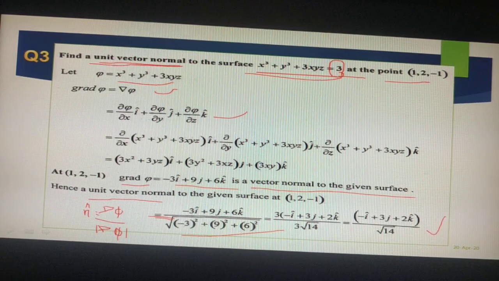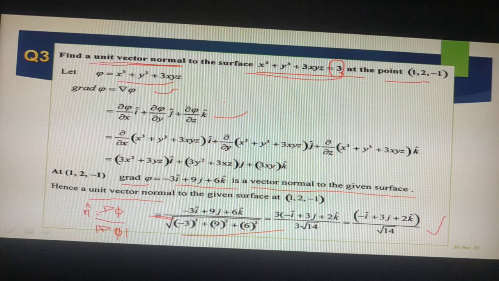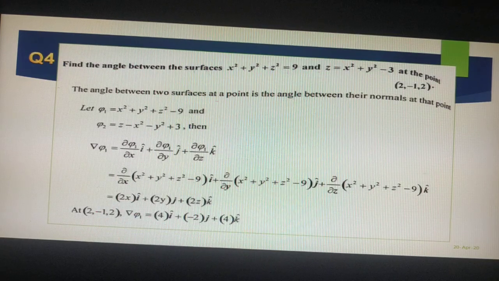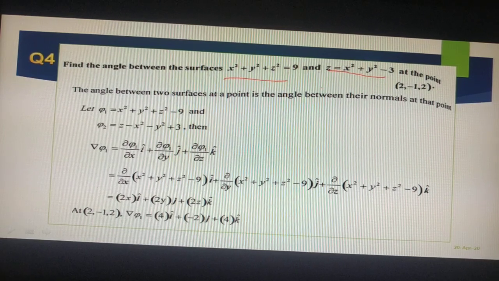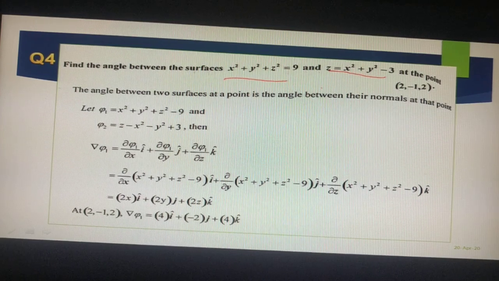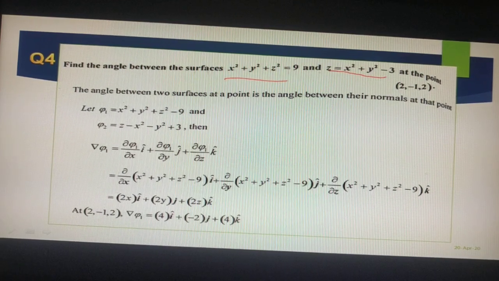So very simple, right? Next, as I said, they may provide two surfaces asking what is the angle between these two surfaces. To get the angle between these two surfaces, we should get the unit normal vectors. First you should get del pi at these surfaces.